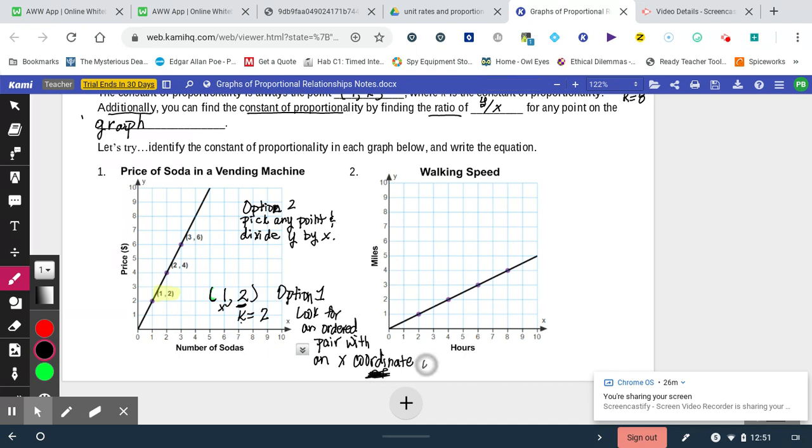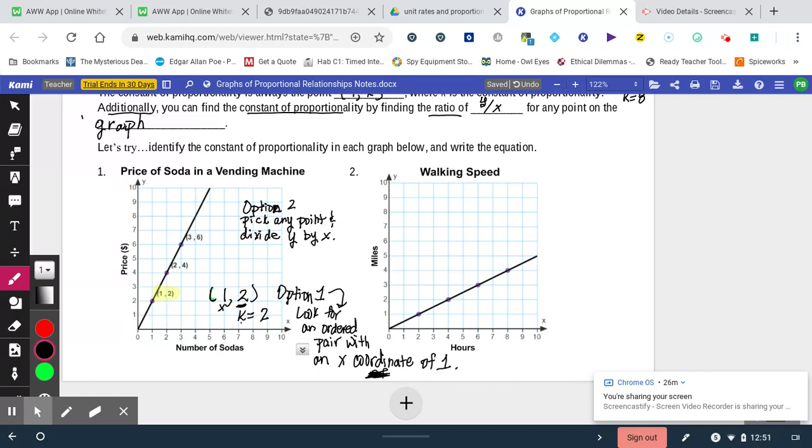If I go back to option 2, pick any point and divide y by x.